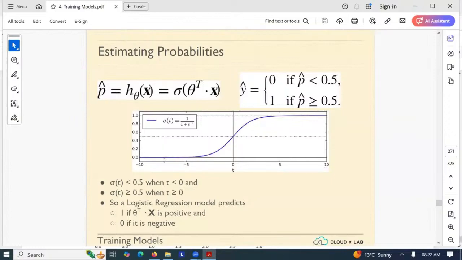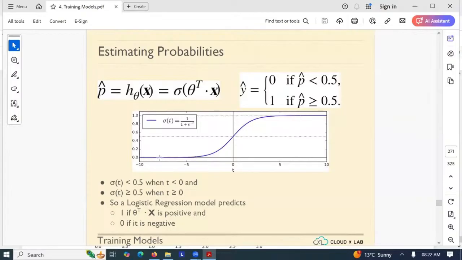Because as you can see in this graph, one tends to 0 and here the other tends to 1. If you are getting a very high probability, close to 1, it means this classifier is very confident, and with high confidence it is saying that it is the positive class.